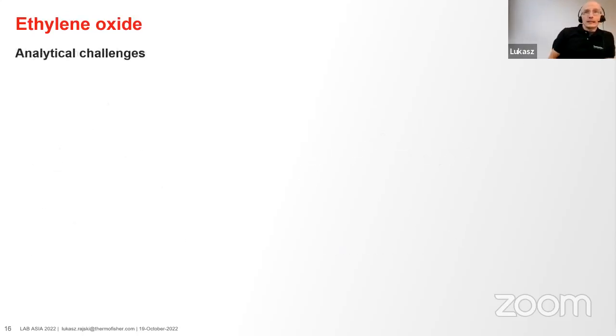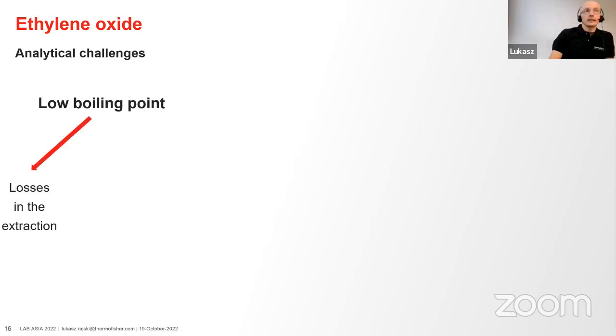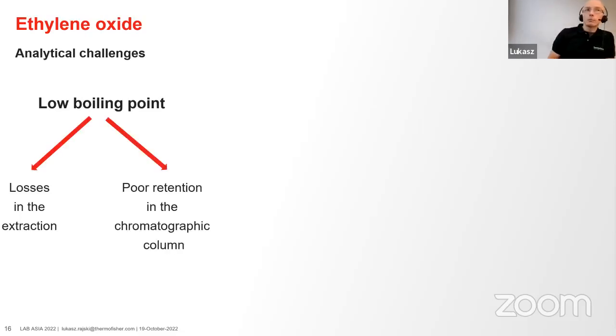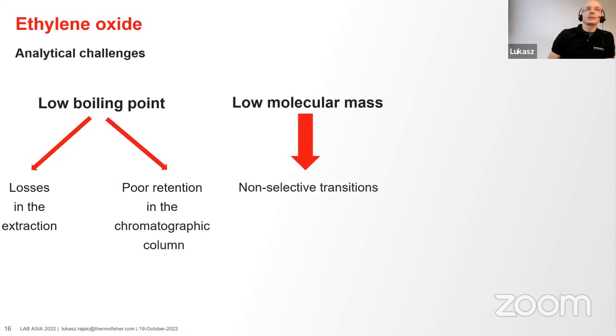And when we analyze ethylene oxide, we have many analytical challenges, because with the low boiling point, we may expect some losses in the extraction, and also poor retention in the chromatographic column. Low molecular mass of ethylene oxide means that we will have non-selective transitions. And finally, the third challenge is not related to ethylene oxide itself, but to the matrices.